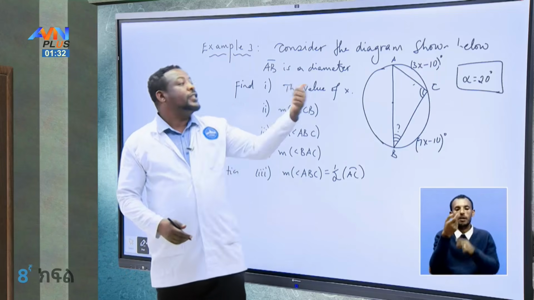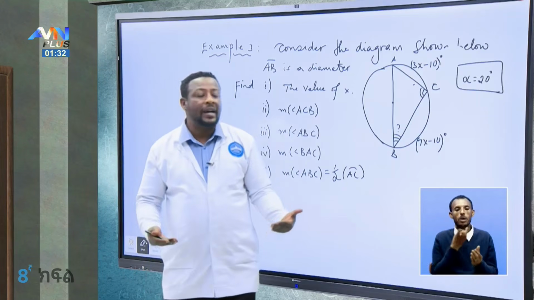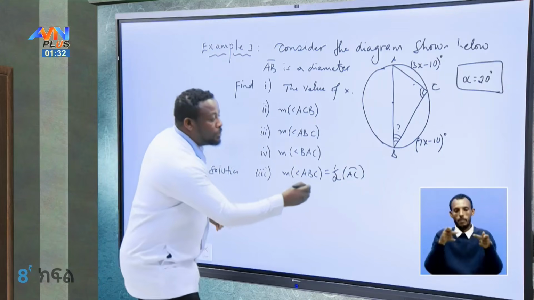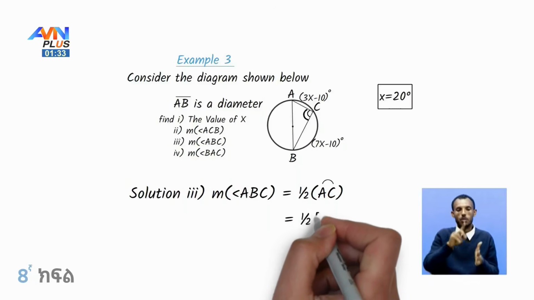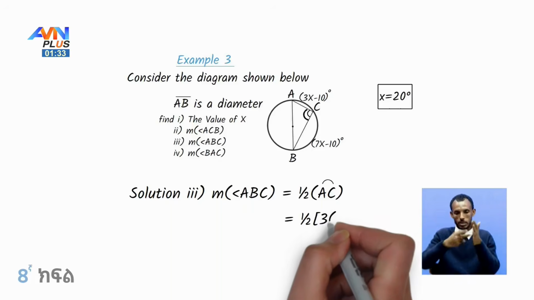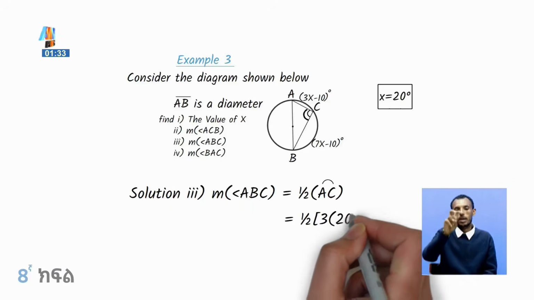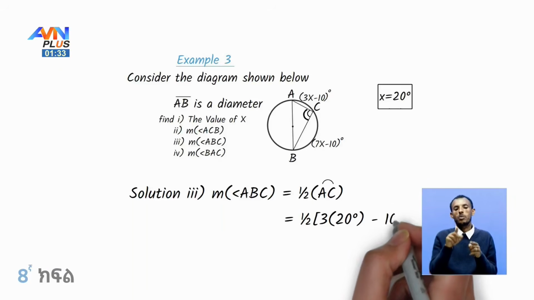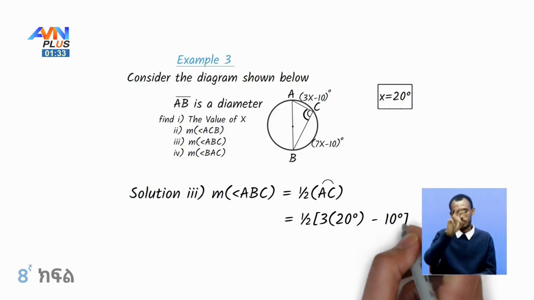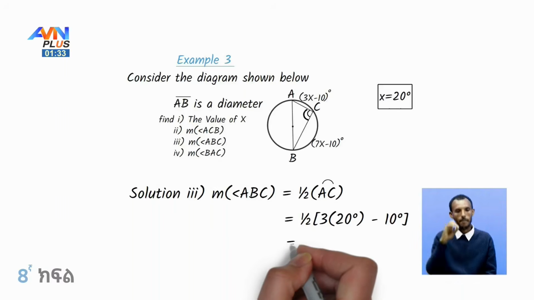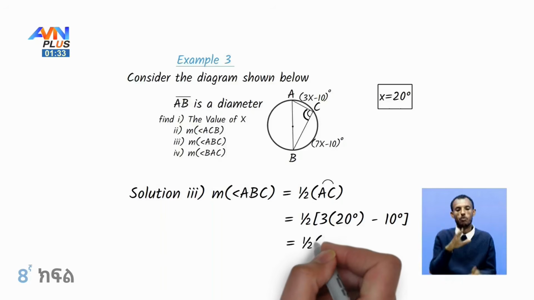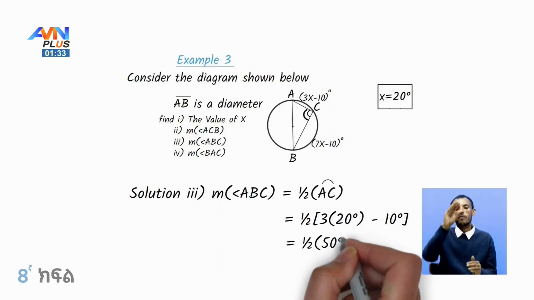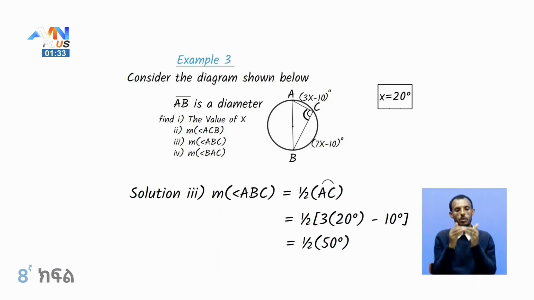But from the first part, we already have the value of x, so you can substitute 20 in place of x. So this means half of AC is half of 3 times 20 degrees minus 10. 3 times 20 is 60, 60 minus 10 is 50, so this becomes half of 50 degrees, and half of 50 degrees is 25 degrees.